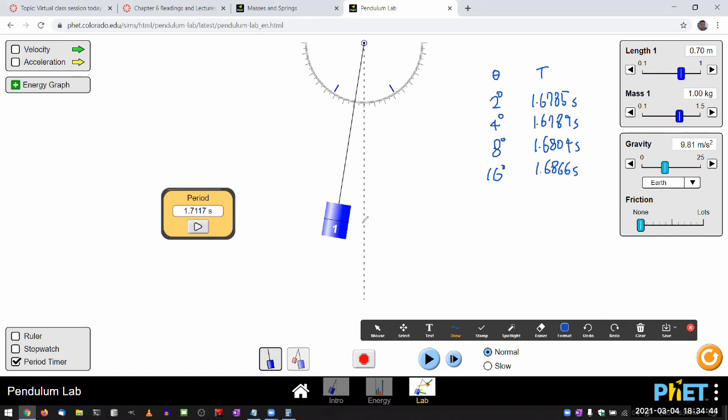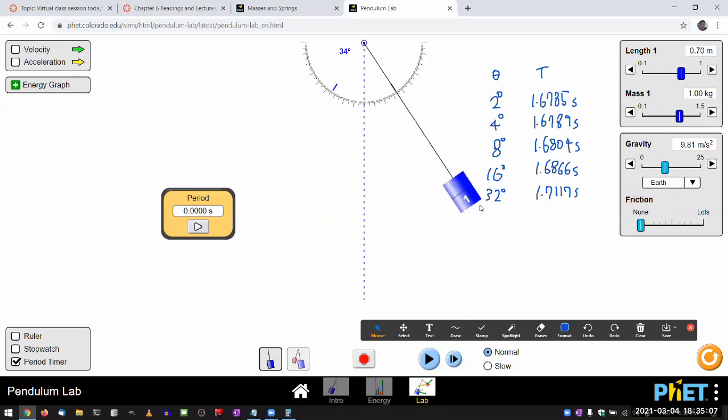It's becoming from a harmonic oscillator an anharmonic oscillator. So at 32 degrees, the period is 1.7117 seconds, and by this point I can start to measure it by hand if I take more than a single period. So let me move this to 64 degrees and see what that looks like.